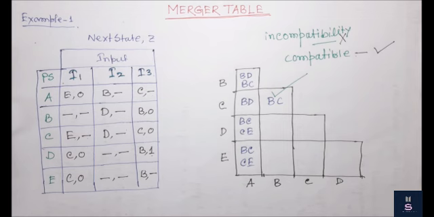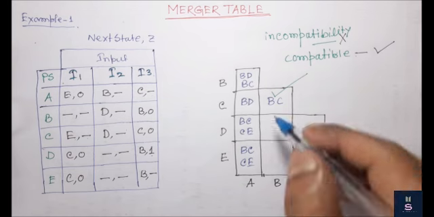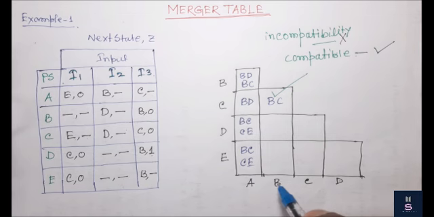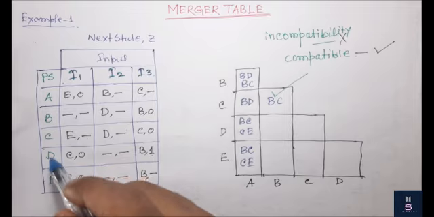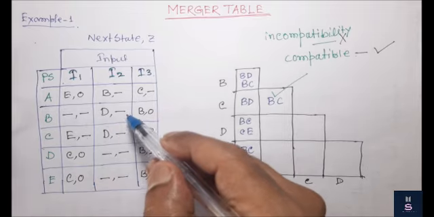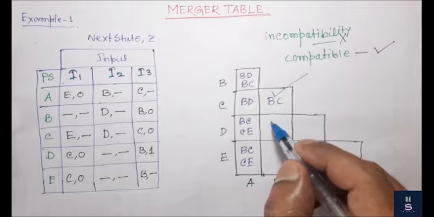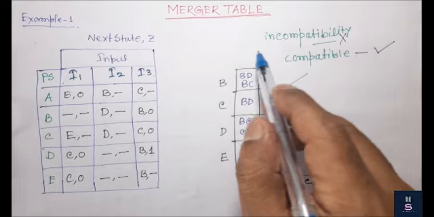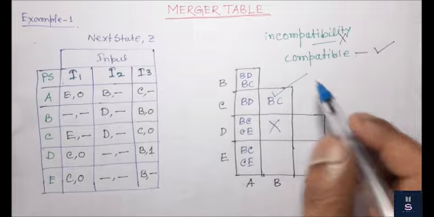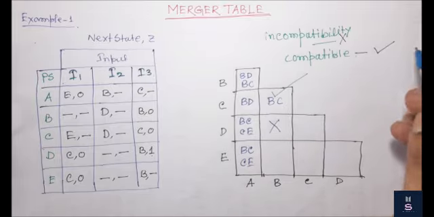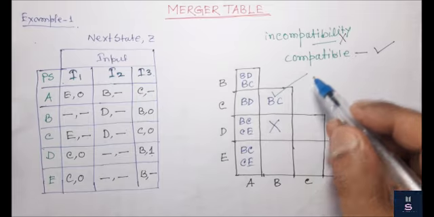If BC holds, then BC holds, so it is a trivial solution. Next, go for this cell, BD. Compare BD: don't care 0, don't care 0 1. So there is a conflict, so we put a cross here. Whenever we get an incompatible pair, I will put a cross, and when we get a compatible pair, I will put a right sign.